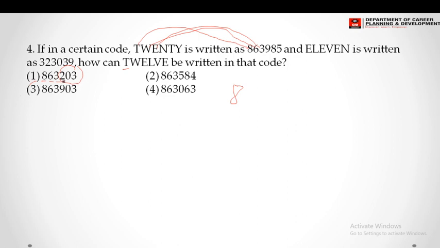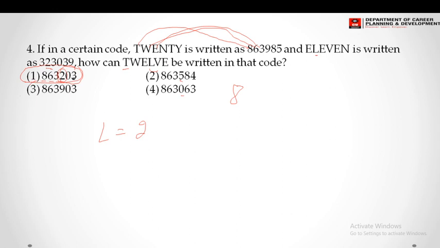So we will start from the third last, L. Where is L? The second letter is L, and the second letter is written as 2. So L is 2. Which option contains 2? Only one. This is 9, this is 5, this is 0. So the answer is the first option.